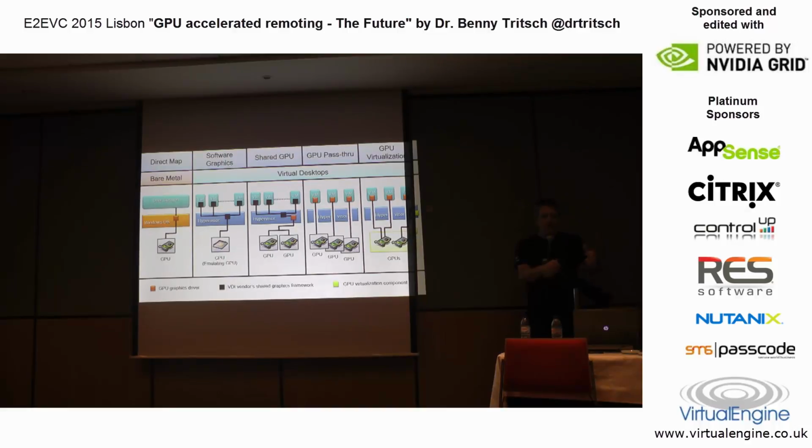So now we have shared GPU, GPU pass-through, and GPU virtualization. You see that I did not use the vGPU term here because vGPU is sort of overcommitted. Nvidia uses vGPU for their technology and Microsoft uses vGPU in the context of RemoteFX. When I started putting documentation together and referred to vGPU, the Nvidia guys came and said, no, you can't use this term because we own it.